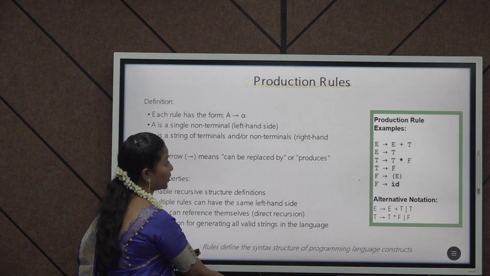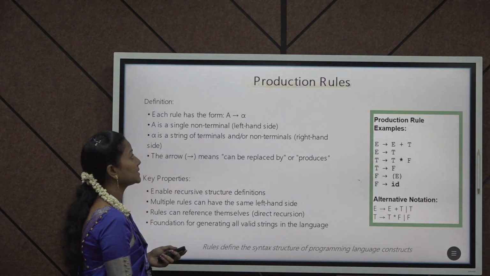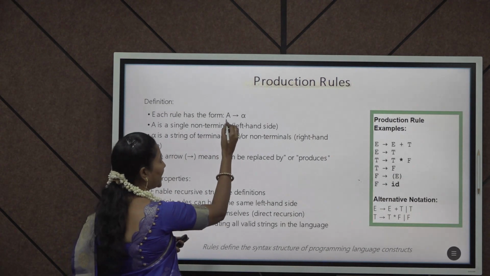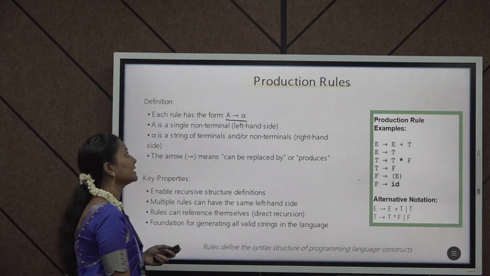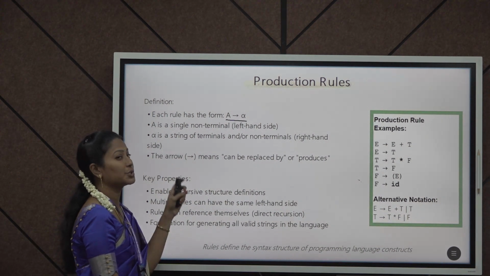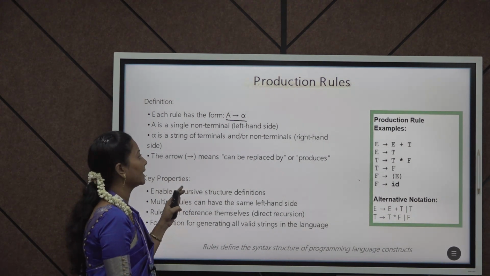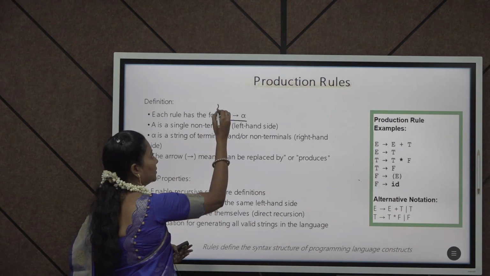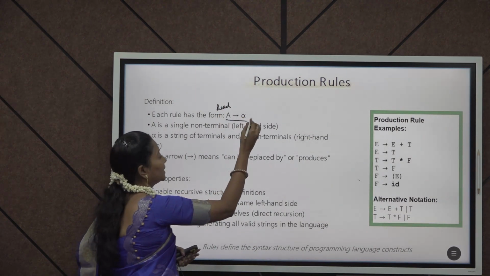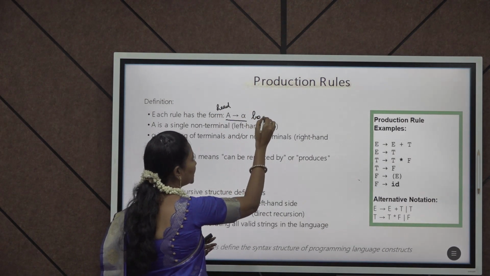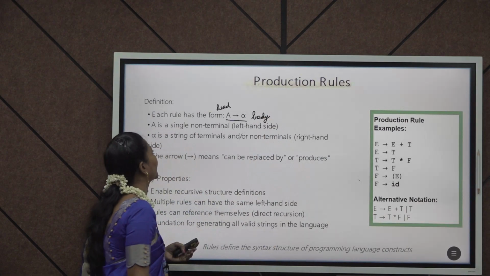The next one is production rules. The production rule syntax is A implies alpha. A stands for a non-terminal, so it should be on the left hand side, and we call it the head of the rule. The right hand side is called the body of the rule.